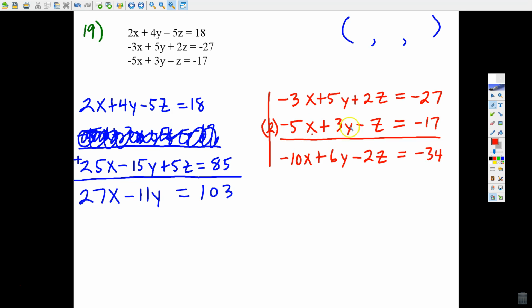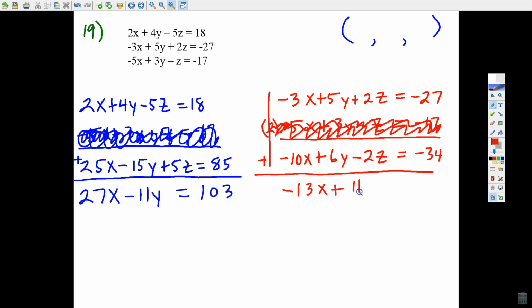And now I don't want to have to look at this one. Let's just make sure I've multiplied correctly. 2 times everything. And now we can get rid of this. And eliminate using addition. -3 plus -10 is -13x. 6 plus 5 is 11y.